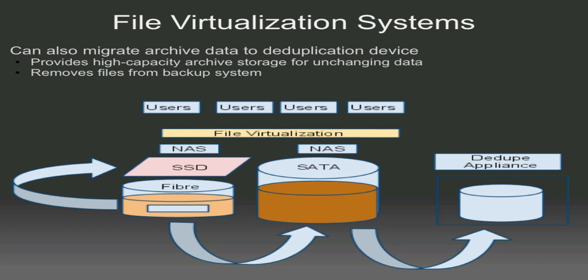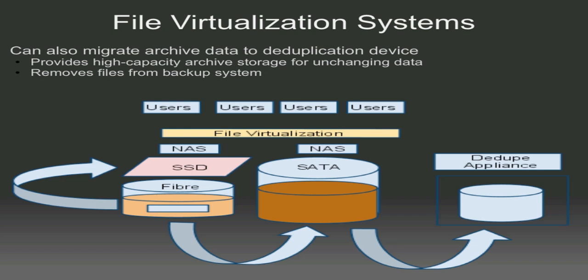So in this case I can move up to solid state disk for very active data. I can move down to a SATA based NAS for semi-active data, and then as data becomes dormant and I want to move it out of the way in a broader sense, I can move it to a deduplication appliance or a MAID appliance or anything like that.